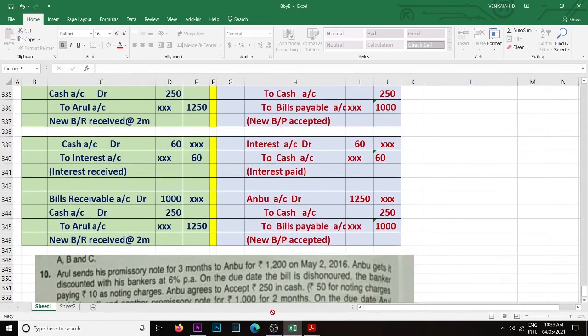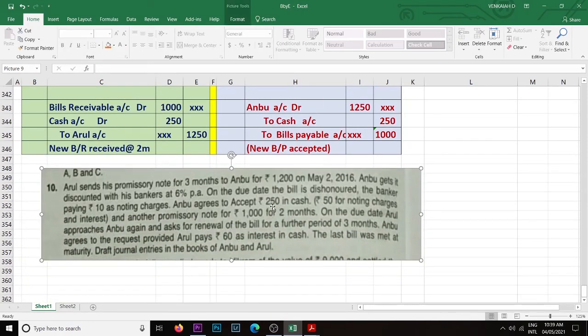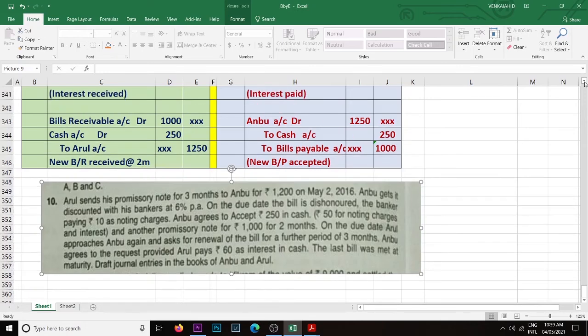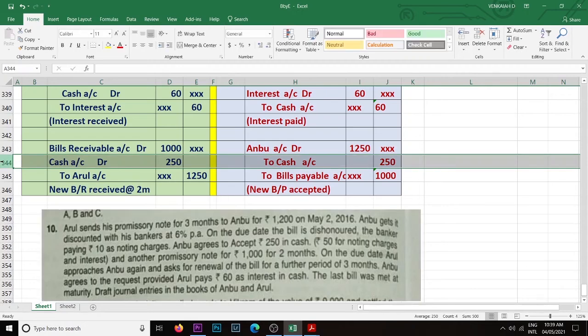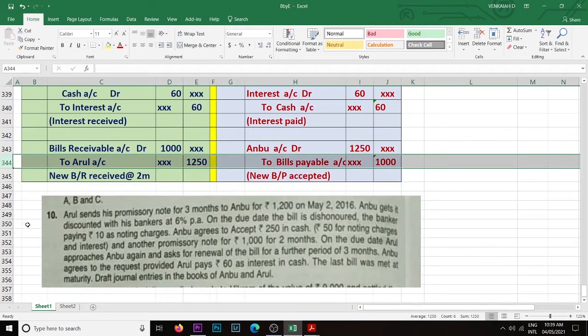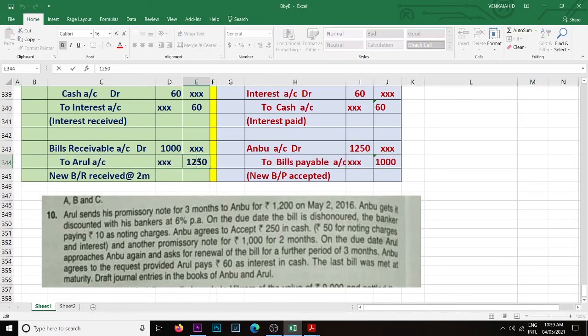Amount is paid, there is no due at all. So now the new bill is for the same amount, 1000 rupees. Bills receivable account debit, to Arul account, 1000. And Anbu account debit, to bills payable account, 1000 rupees. New bill for how many months? 3 months it is. For 1200 rupees, we took 3 plus 2, 5, 5 plus 3, 8 months time period.